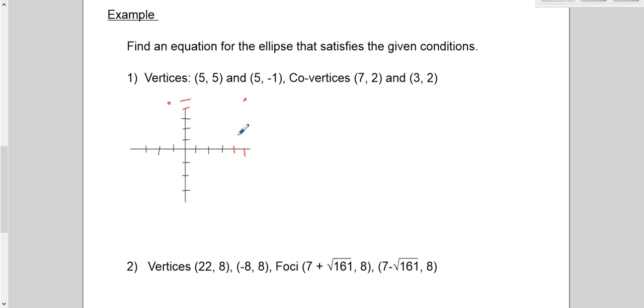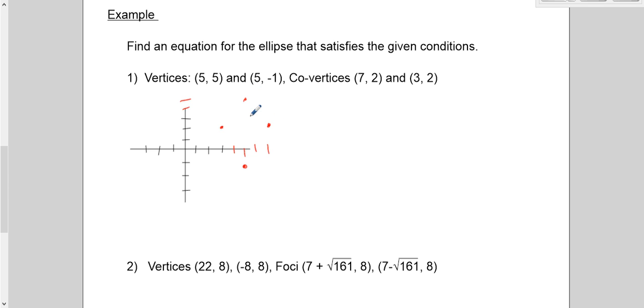My co-vertices would be at 7, 2, and 3, 2. No, that's got to be wrong. Let me see here. Okay, so yeah, this is 5, negative 1 right here. And then 7, 2 is right here. And 3, 2 would be right here.